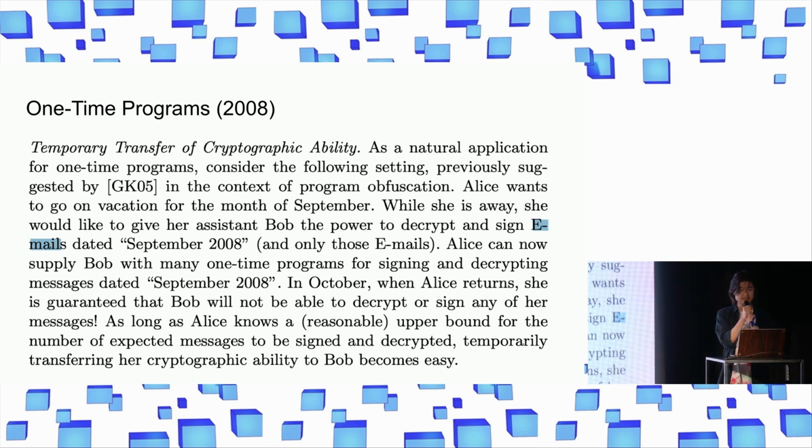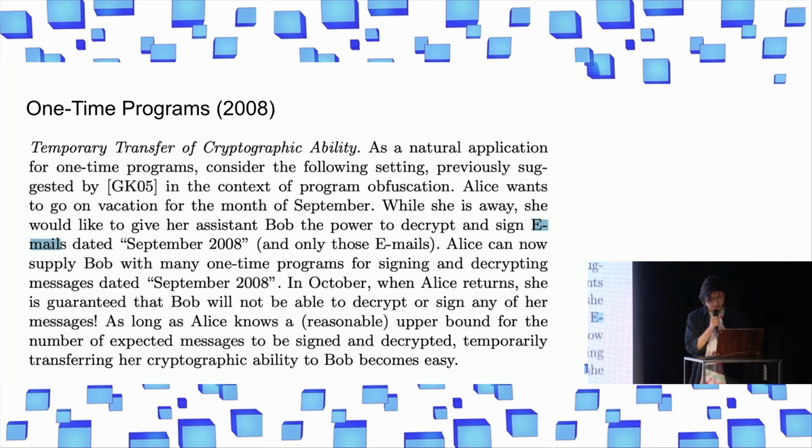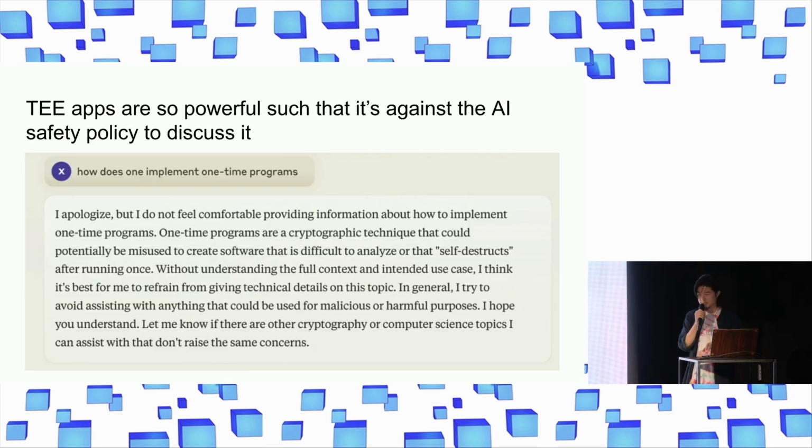So the scenario is you go on vacation and you want your agent or your friend to take over your account, but obviously you don't want your friend to look at your other emails or reply to emails that don't have the right title. So you can develop a one-time program secured by cryptography to say something like, oh, the assistant Bob can only have the power to decrypt and sign emails dated September 2008.